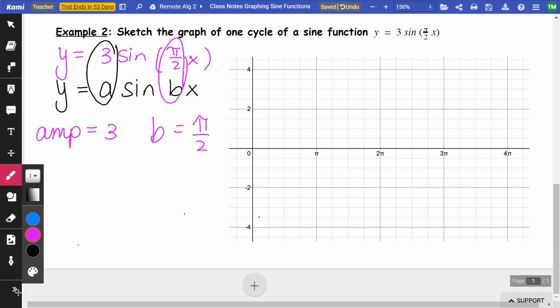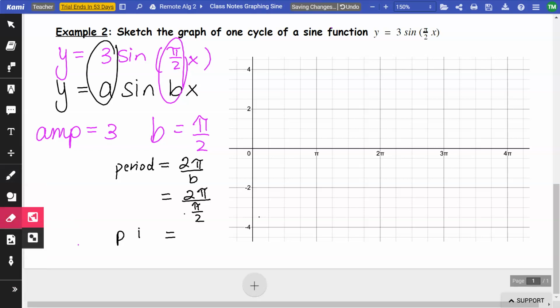So b tells us how many cycles occur between 0 and 2 pi, but it doesn't tell us our period, so we need to find our period. And remember, to find the period, you take 2 pi and you divide it by b. So we're plugging in 2 pi over pi over 2. Well, what does that simplify to in terms of a period?